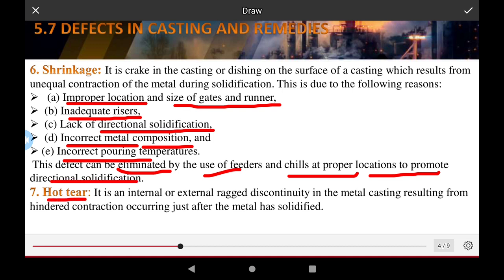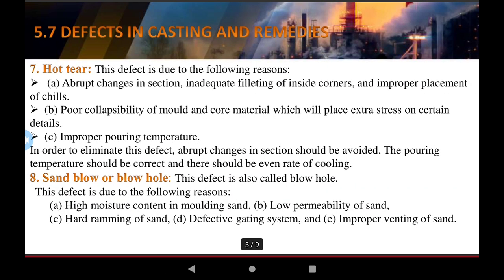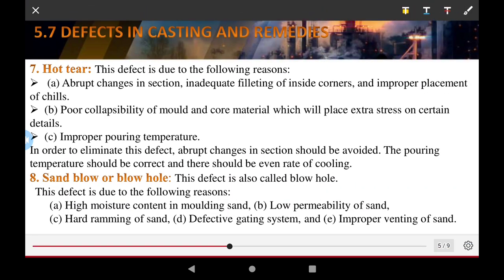Hot tear is an internal or external ragged discontinuity in the metal casting resulting from the inhibited contraction of the metal, occurring just after the metal has solidified. Defects in the casting and remedies: hot tear.